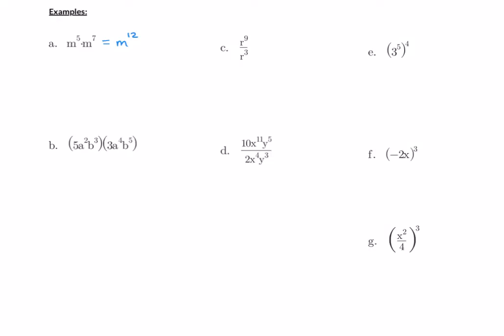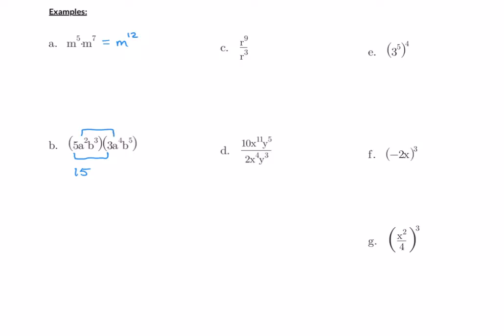If we come down to example B, this is just an extension of it. The first thing we want to do is multiply our numbers. Note we only add exponents. If we're multiplying numbers, we still multiply the numbers. We get 5 times 3 is 15. We can combine our a's.